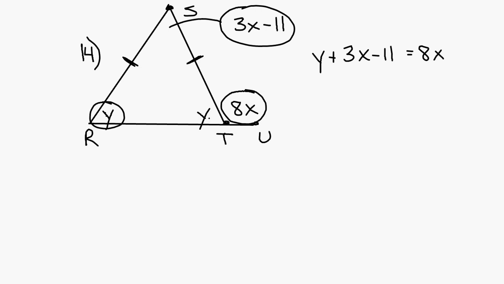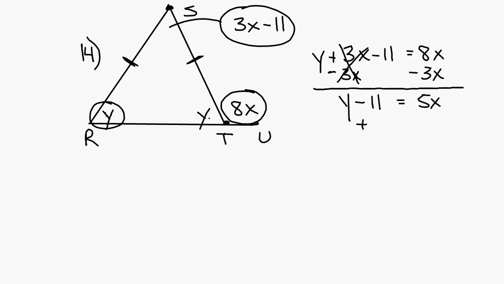All you're going to do in this first step is solve for y. If you subtract 3x from each side, these will cancel out. y minus 11 is going to equal 5x.